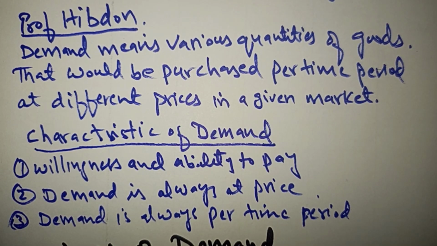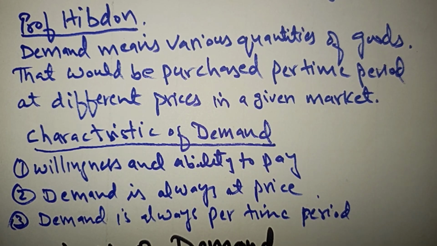Now, number three, demand is always related with a period of time. It is also important to describe the time period for the demand. The time period may be a day, a week, a month, or a year.